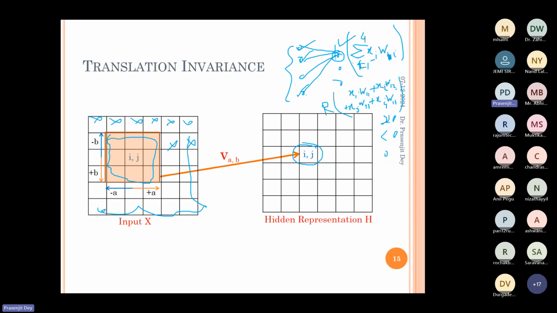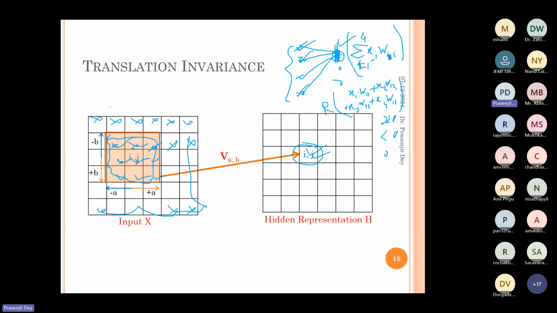So obviously, for the computation of the output of this hidden node, all the input samples take part in the computation. But here, for the computation of this hidden node, only these input nodes participate. The rest of the pixels which are not in the neighborhood are not taken into consideration.